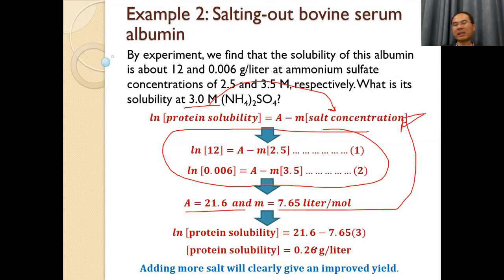At 2.5, 12; at 3, 0.26; and at 3.5, 0.006. That means the solubility decreases if you increase the amount of sulfate. This means the salting out effect, because salting out will reduce the solubility of the protein.